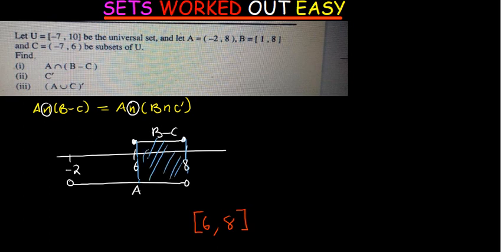Therefore, the answer is going to be, now look, 6 is in A, 6 is also in B minus C, so it is going to be included in the intersection. But if you check 8, 8 is not in A, but it is in B minus C. So it will not be included in the intersection because it's not in A. So it will be open there. So that is going to be the answer. If you close it, then you are going to get it wrong because it's not included. So that is for the first part.